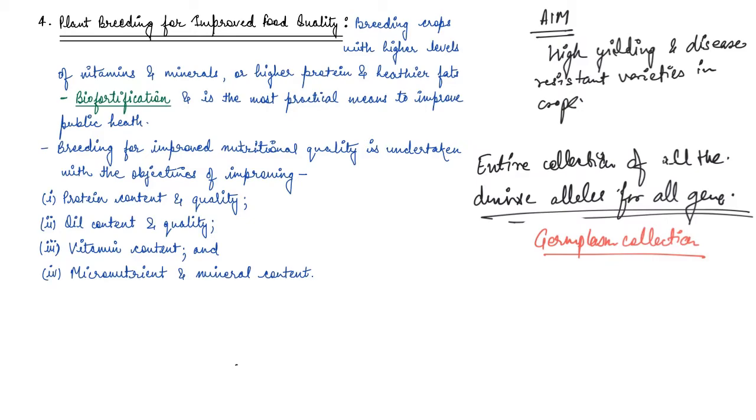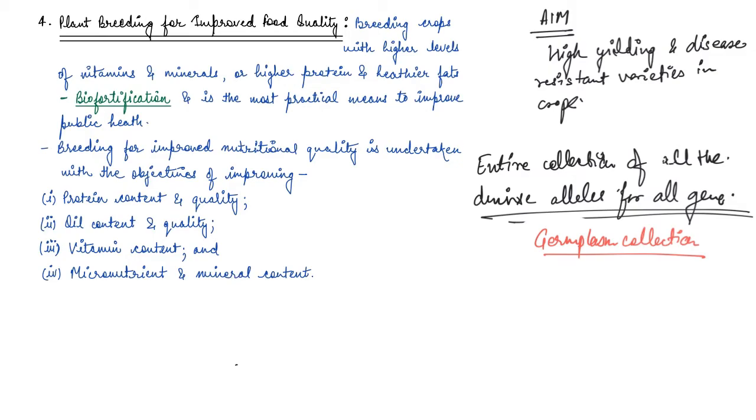Biofortification is the most practical means to improve public health. Basically, increasing the levels of vitamins, minerals, proteins, or healthier fats by plant breeding. And breeding for improved nutritional quality is undertaken with the objective of improving protein content and quality, oil content and quality, vitamin content, and micronutrient and mineral content.